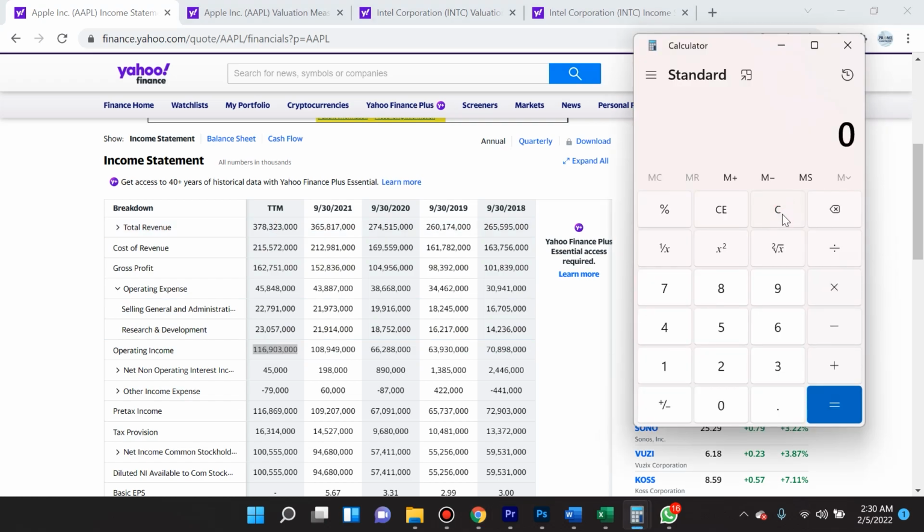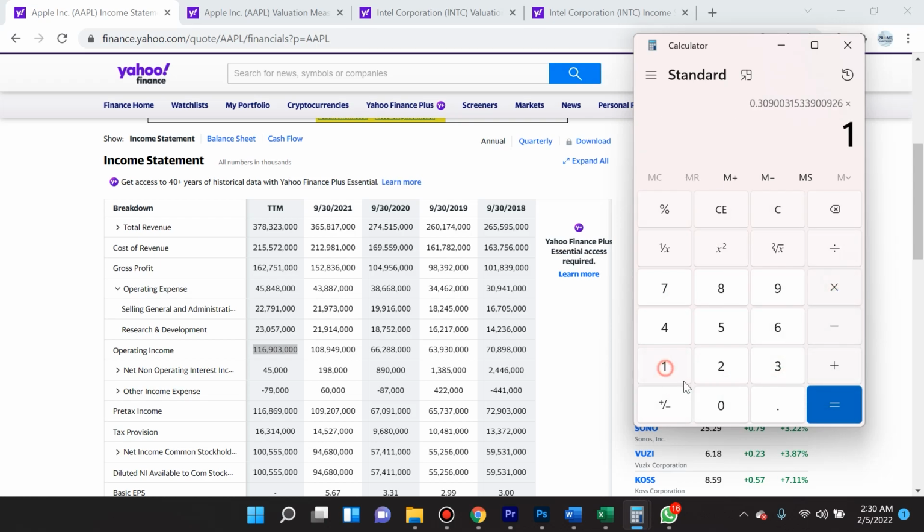So let's now try it on a calculator to see if I'm correct or if I'm talking straight dribble. So we go right here, 116,903. I'm not going to bother with all the zeros because it's a fraction. They'll cancel out anyways. So we take that operating income number, we divide it by total revenue, which is 378,323, and we get this number here.